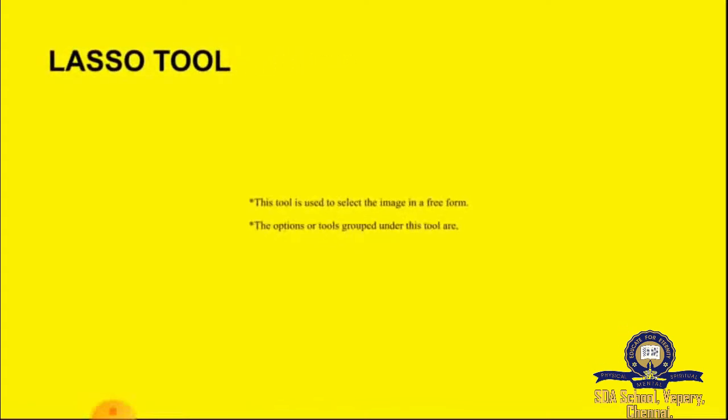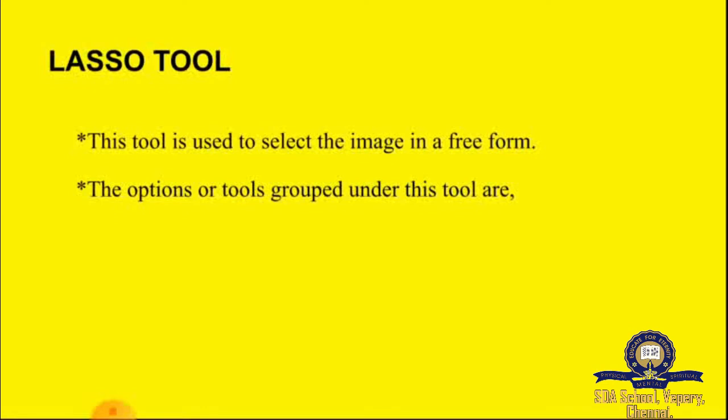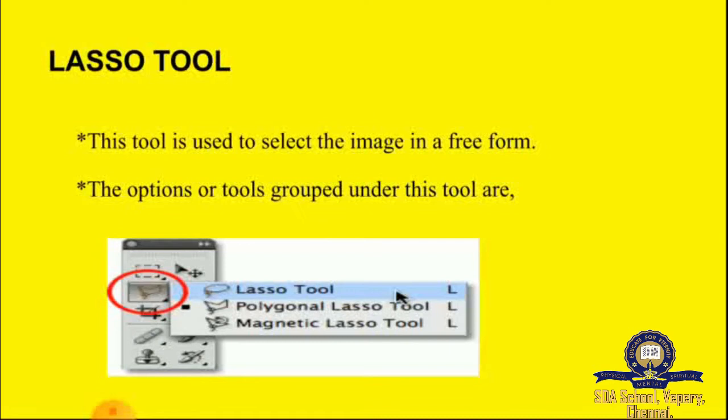Lasso tool. This tool is used to select the image in a free form. The tools grouped under this tool are polygonal lasso tool and magnetic lasso tool. Can you see the icon of the lasso tool? Yes.